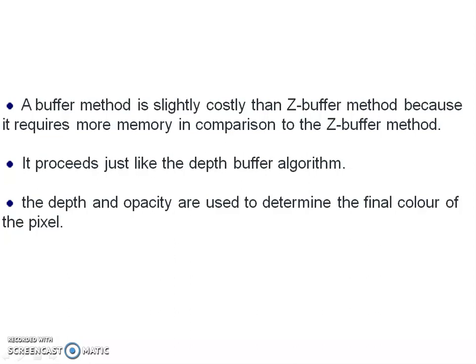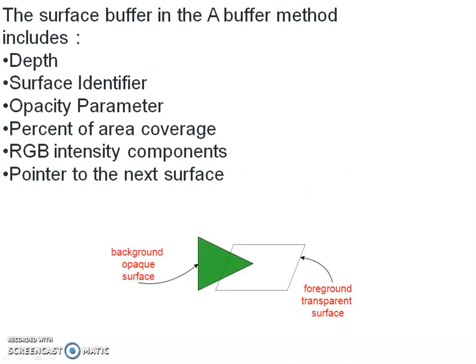It proceeds just like the depth buffer algorithm. The depth and opacity are used to determine the final color of the pixel. The surface buffer includes depth, surface identifier, opacity parameter, percentage of area coverage, RGB intensity components and a pointer to the next surface.